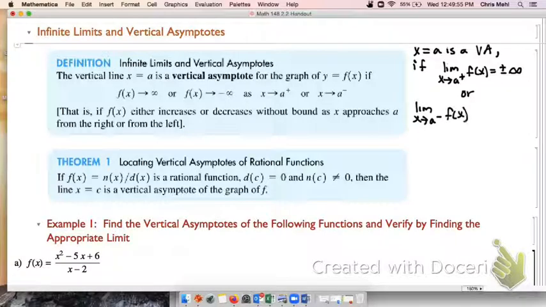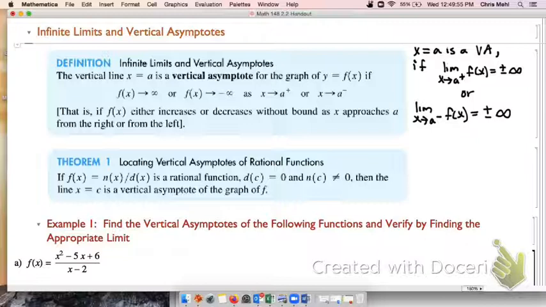Or if you look at the left-hand limit at a, that could possibly be plus or minus infinity as well. So basically it just says as you approach the vertical asymptote on the x-axis, the graph should really just be going either up or down on at least one of the sides.